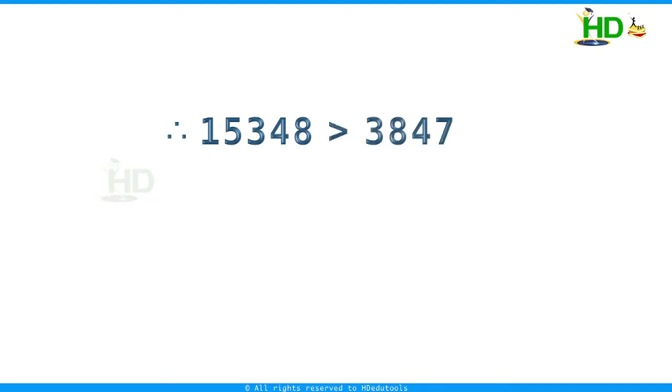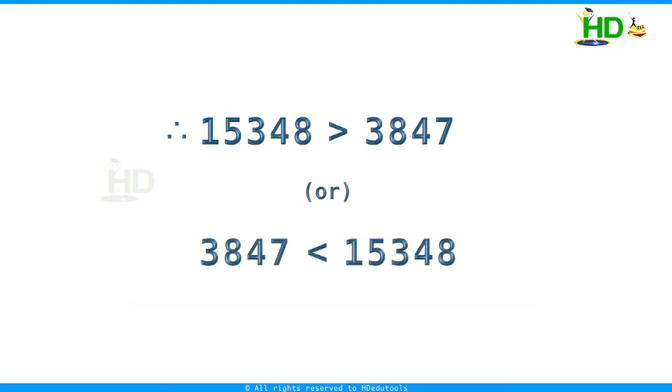Therefore we can say that 15,348 is greater than 3,847. Or we can say that 3,847 is less than 15,348. That is, here the greatest number is 15,348 and the smallest number is 3,847.